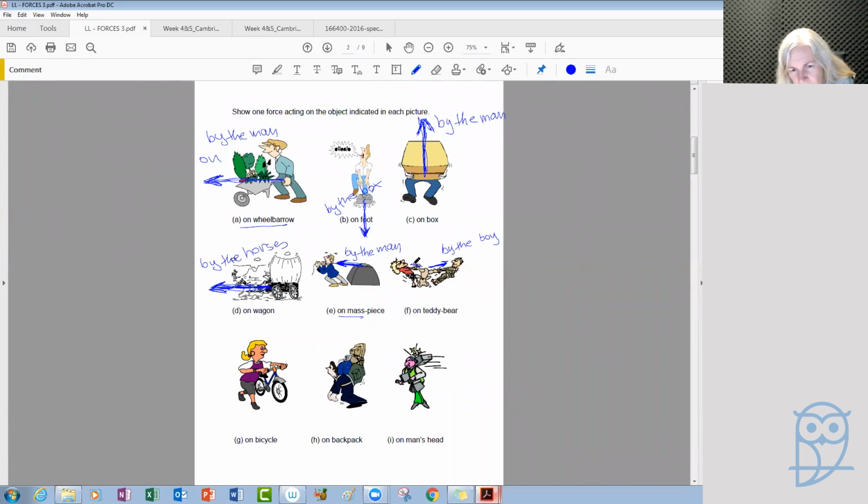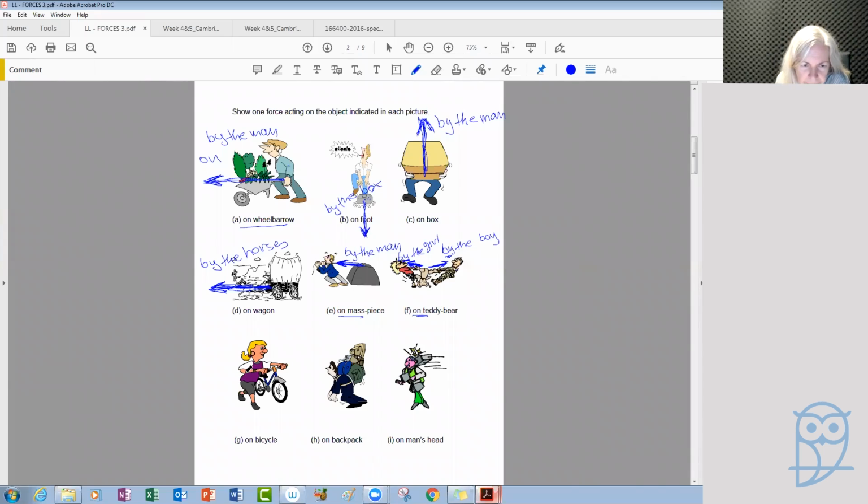And there's another force exerted towards the left by the girl on the teddy bear. So logically we should draw those two forces, both pulling on the teddy bear. The one's exerted by the boy, the other one's exerted by the girl on the teddy bear.